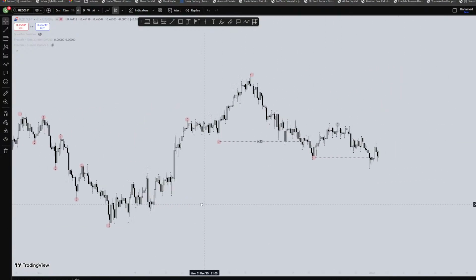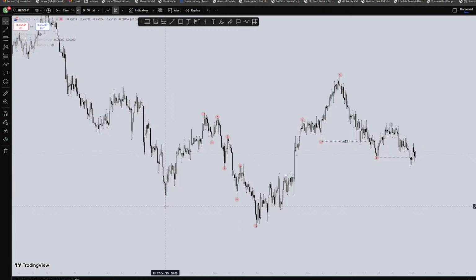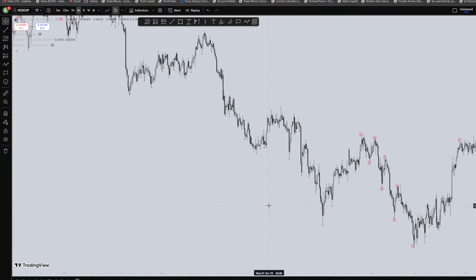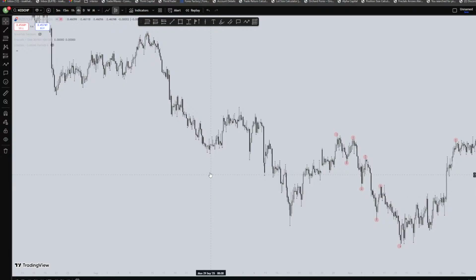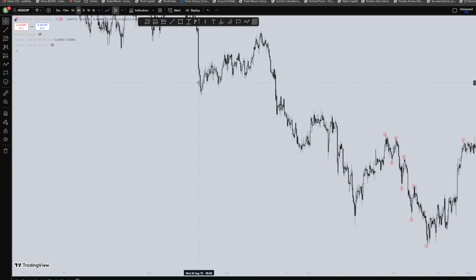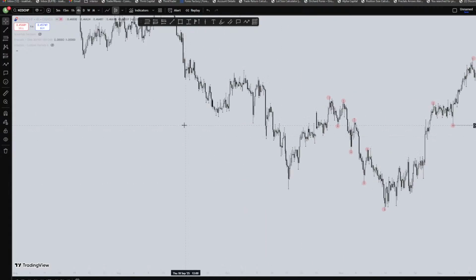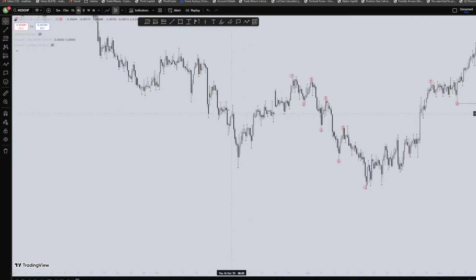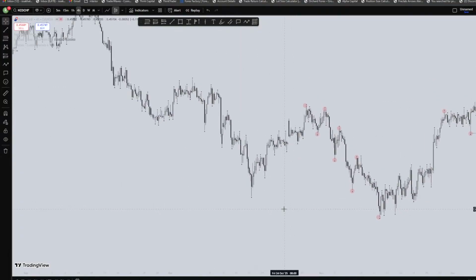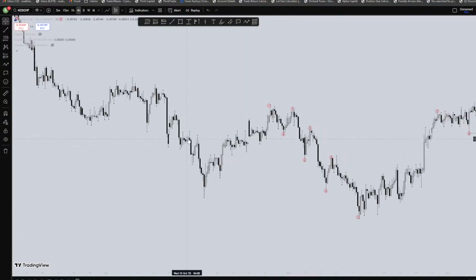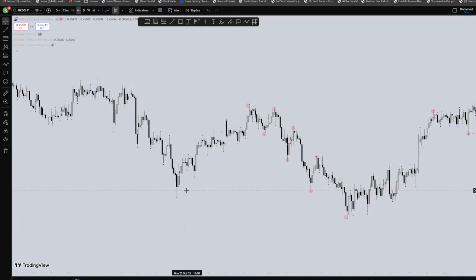So as you come in, breaks of structure, so a good external is one that has taken liquidity before, like this point was taken, so this is the lowest point. So liquidity touched, but you see it's ranging, just stepping and dropping, stepping, dropping, stepping, dropping.